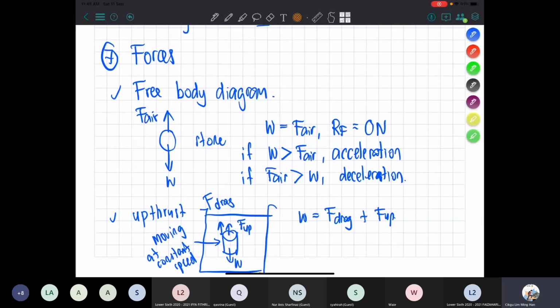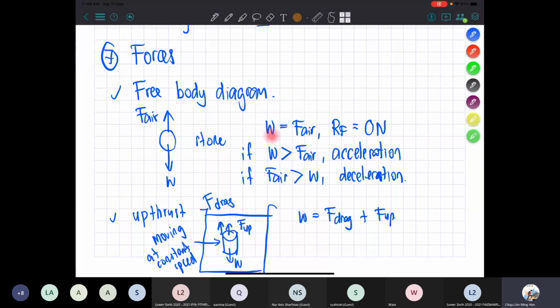Forces. Now, forces will not be so easy for the MCQ. Normally in forces, we will give you a free body diagram. So example, you have a stone. So when a stone is falling down in the air, it has two forces act on the stone. So the first force is called the weight, which is downward. And because the stone is moving, you will have an air resistance act opposed to the direction of the motion. So the idea about free body diagram, you need to analyze lah.